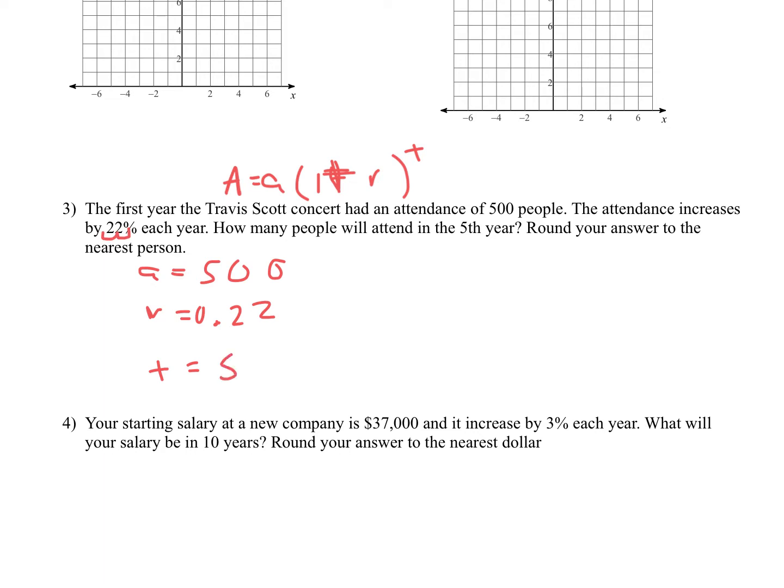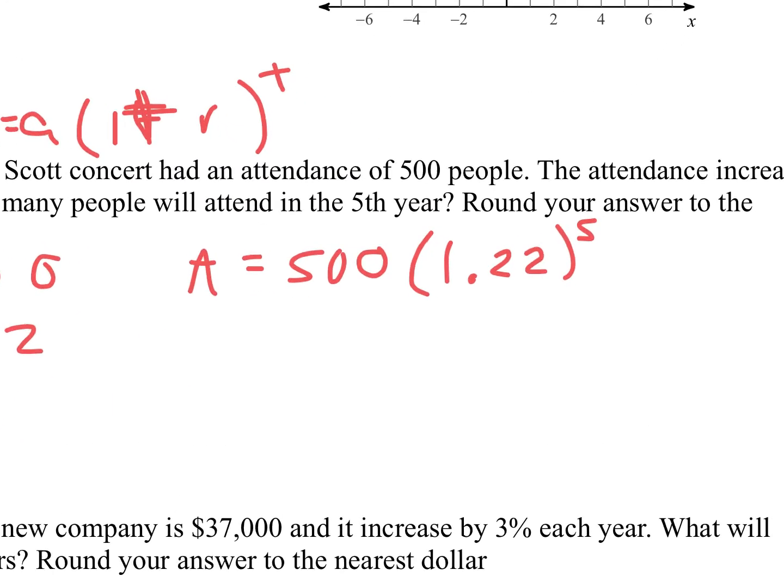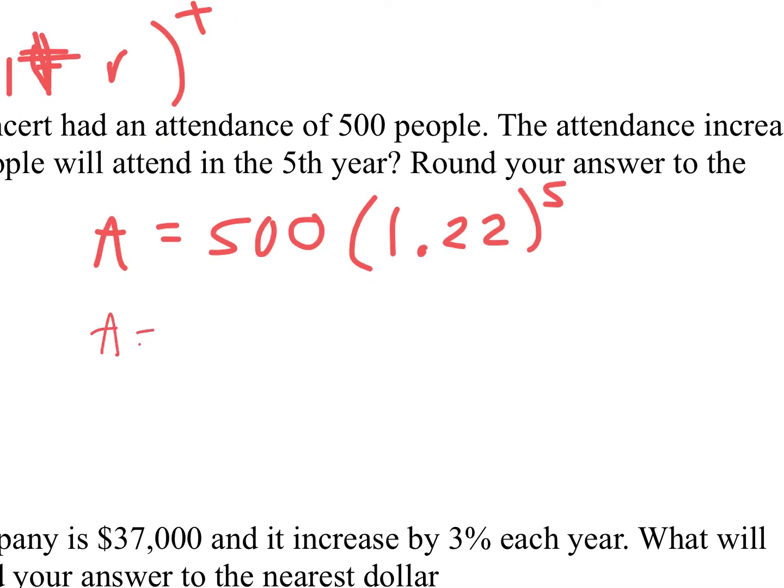5. So we have A is equal to our starting amount times 1 plus 0.22, so 1.22 to the power of 5. Then we can just put this into our calculator. So we have 500. First thing we have to do is our exponent.